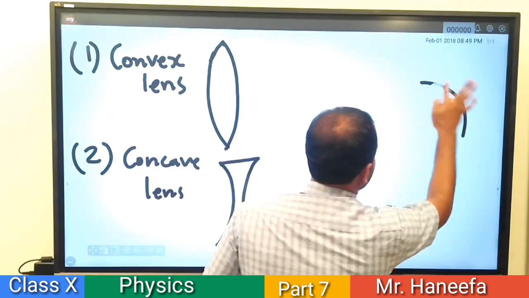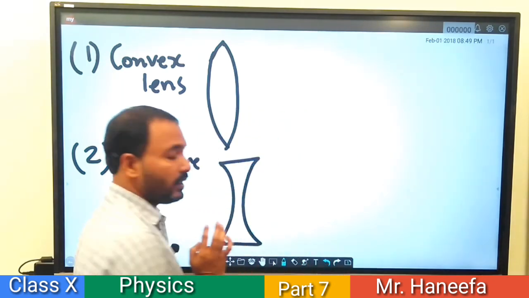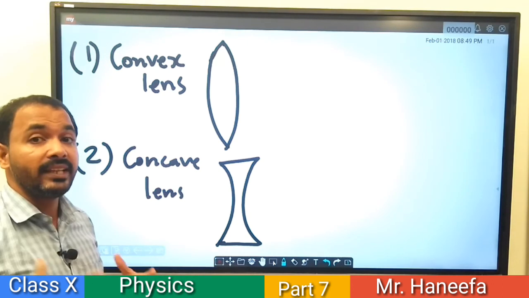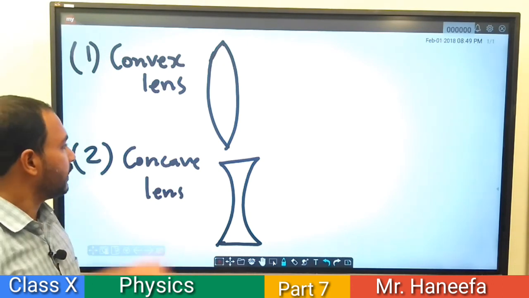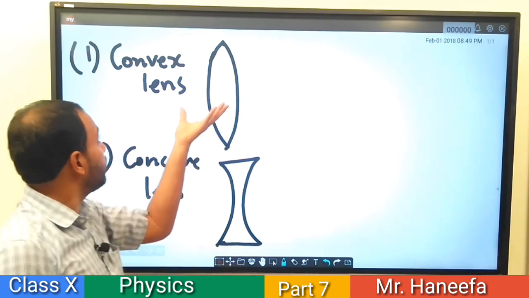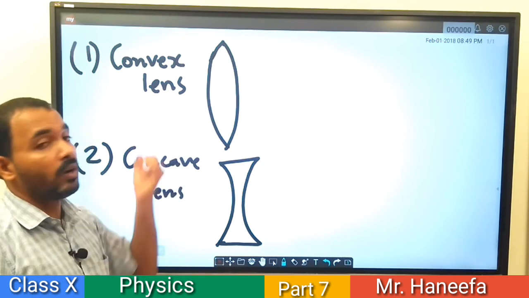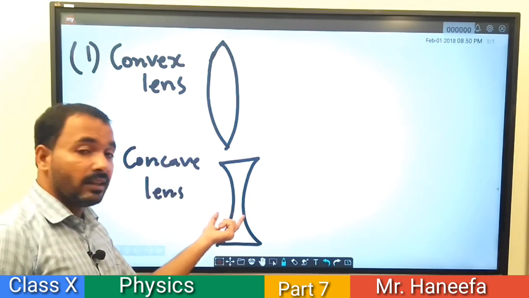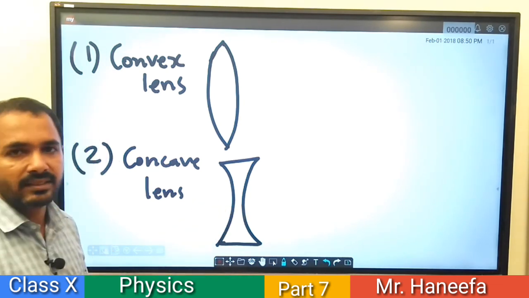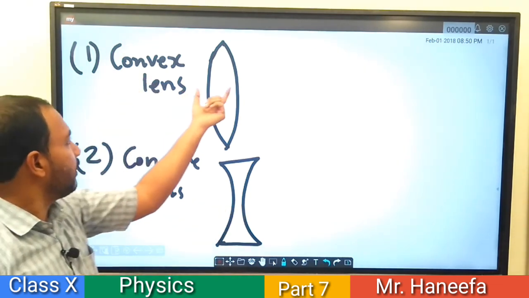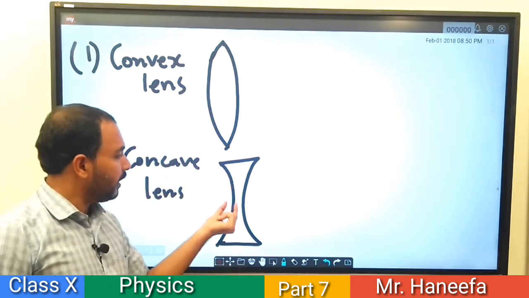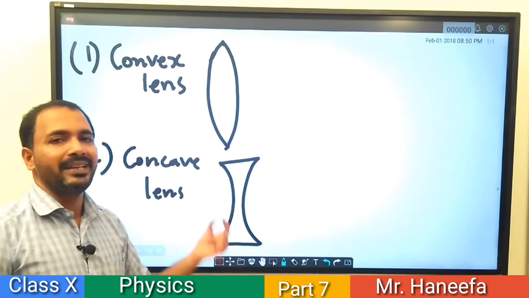Like the convex lens, the concave lens is also part of a sphere. So these lenses are called spherical lenses. These are the two types of lenses. This is also called a biconvex lens or double convex lens. This is a double concave or biconcave lens. Convex lens means the middle portion is thick and ends are thin. Concave lens means ends are thick and middle is thin.